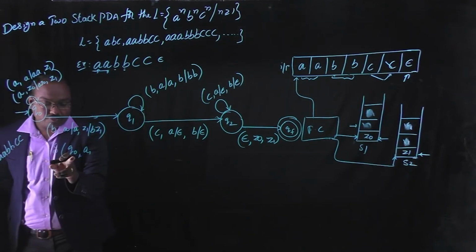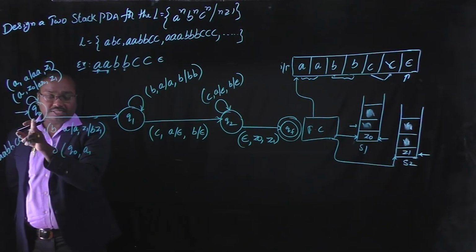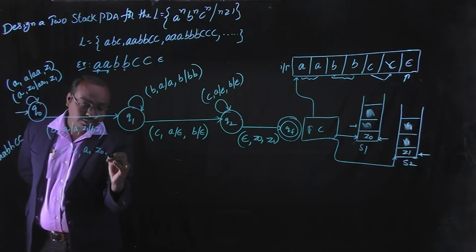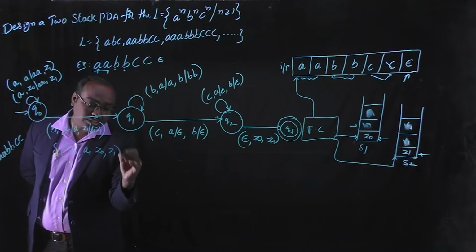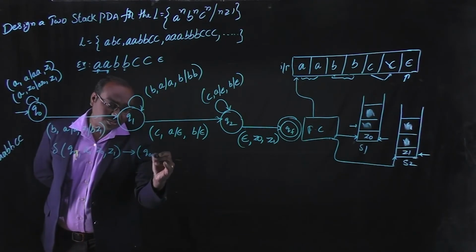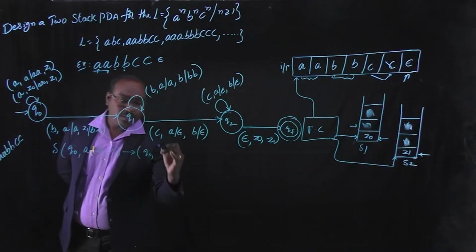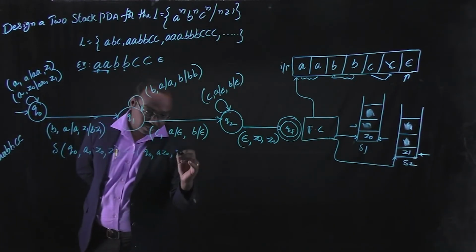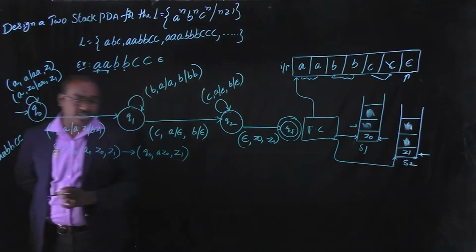If we are in state Q0 and the input symbol is A, and stack 1 alphabet is Z0 and stack 2 alphabet is Z1, then we stay in state Q0 and that A should be pushed onto the stack, and the second stack will remain the same.